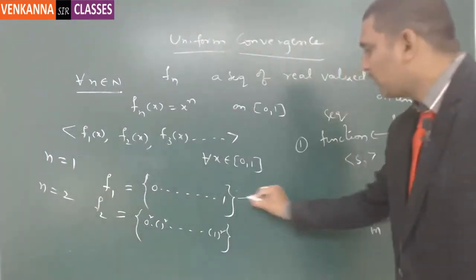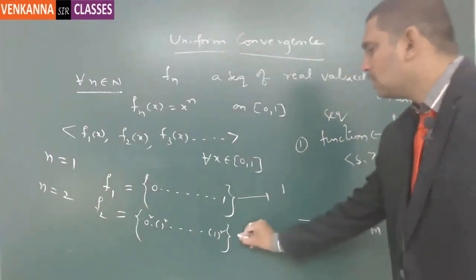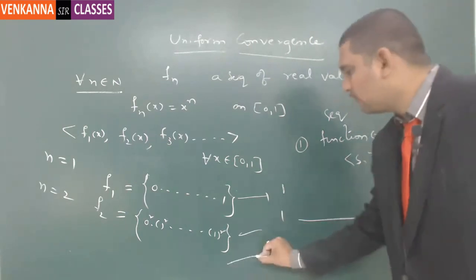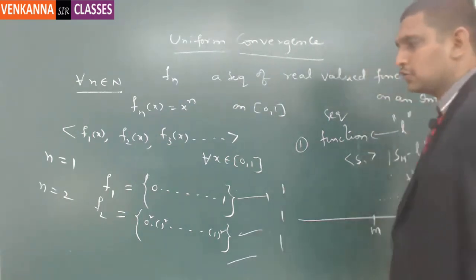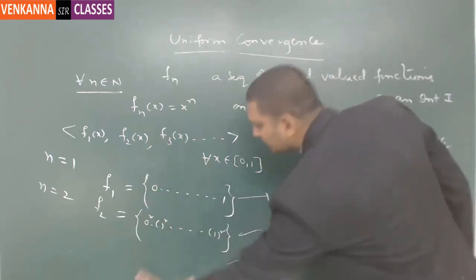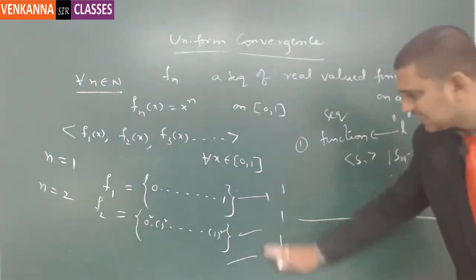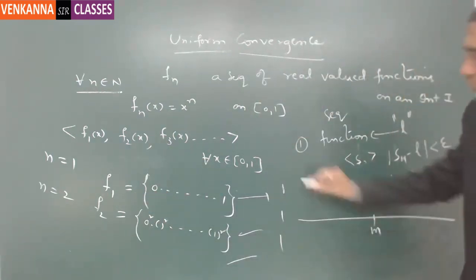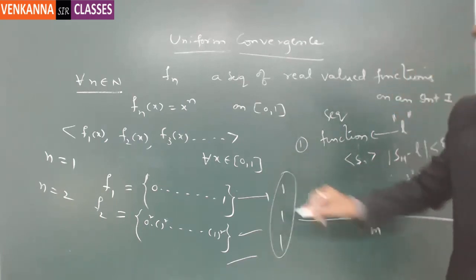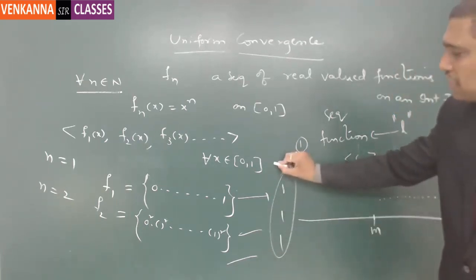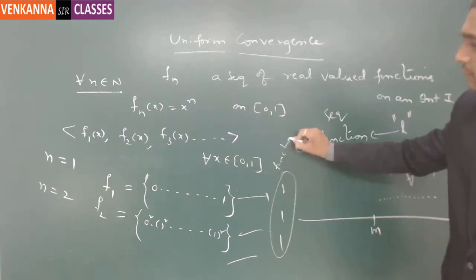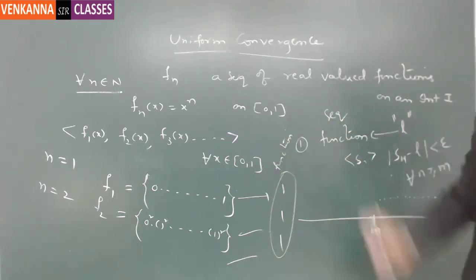So for this one you will have a limit, for this one you will have a limit. Since you have a set of sequences, you will get a set of limits. All these limits are simply denoted by one function, the limit function.